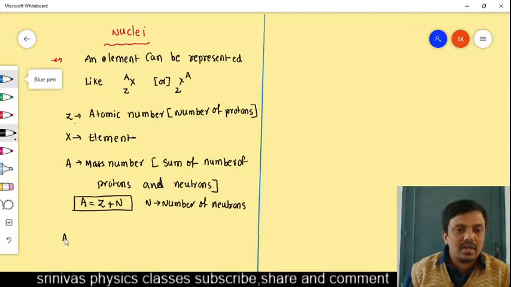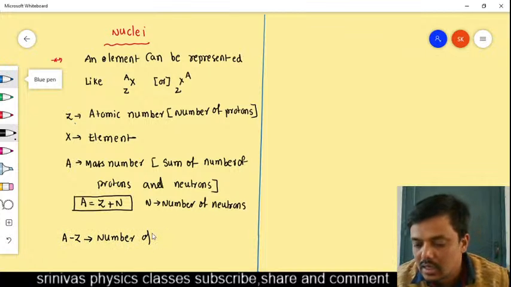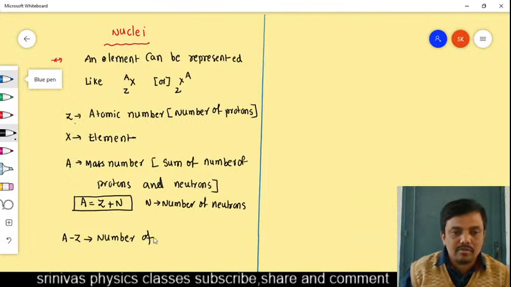If you find A minus Z from the above equation, it gives the number of neutrons. Is it clear, Aditi?